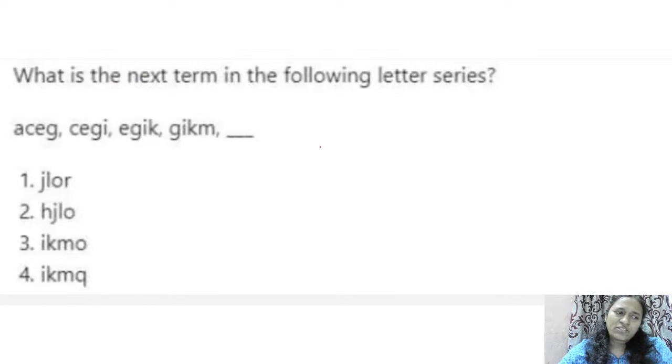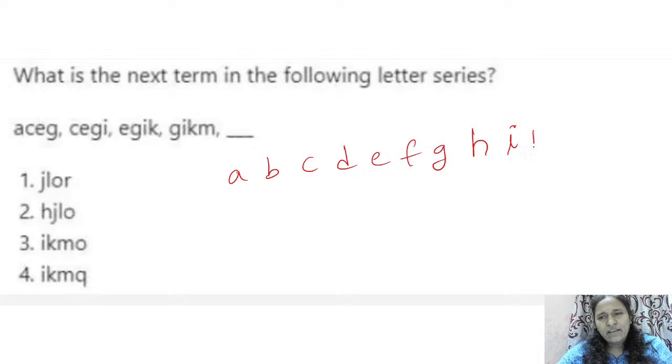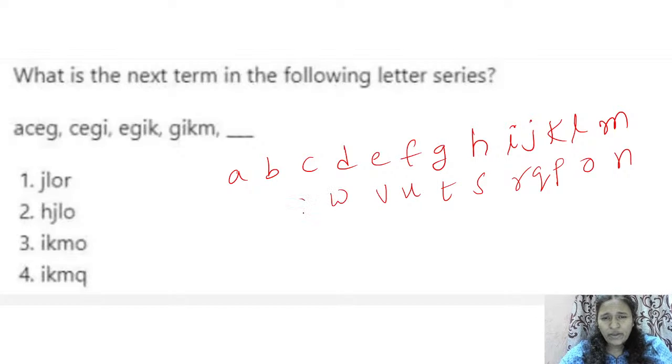Generally, we have to remember the numbers for each alphabet: A, B, C, D, E, F, G, H, I, J, K, L, M, and N, O, P, Q, R, S, T, U, V, W, X, Y, Z. Generally, they will give coding like this also: if A is Z, B is Y, C is X, like this.